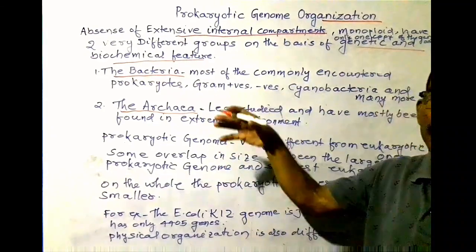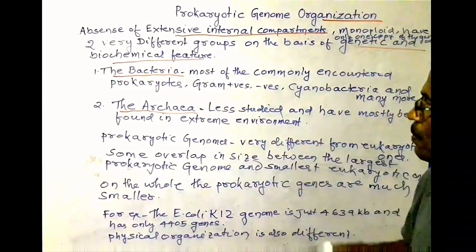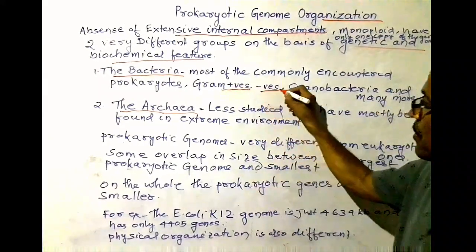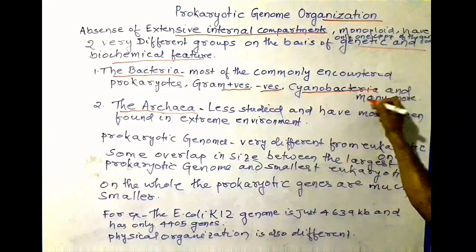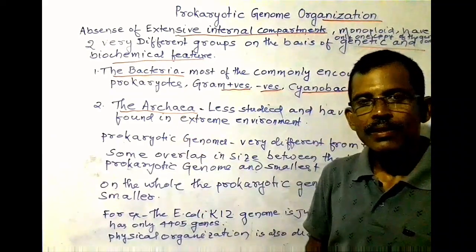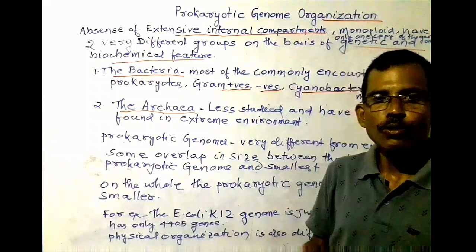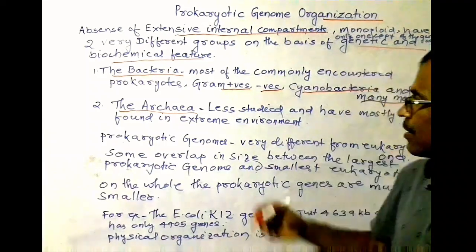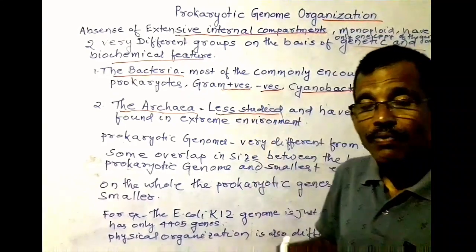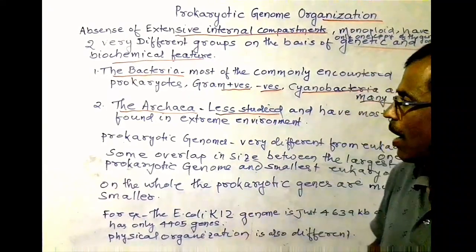The bacteria include different groups like gram positives, gram negatives, cyanobacteria and many more. The second group is the archaea. The archaea is a group of prokaryotes that are less studied and have mostly been found in extreme environments.